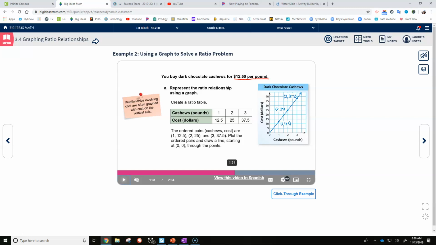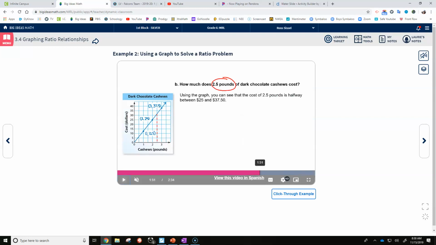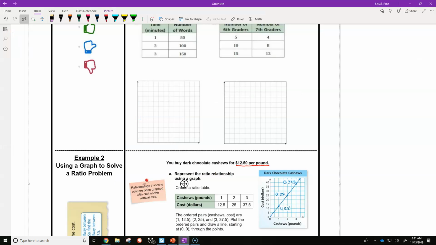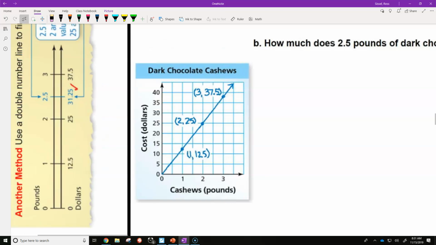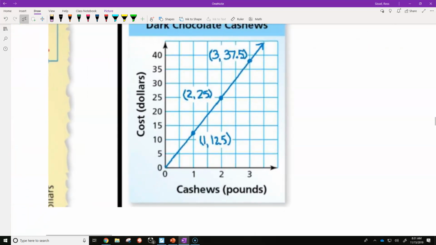Alright? Okay. Looking at your notes, the question then, on example 2, after they did all the drawing for you, B, it says, how much would 2.5 pounds cost? Well, it's going to cost, but I want you to look, can anyone show me where the answer would be?